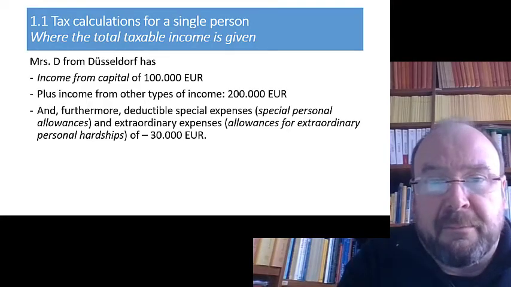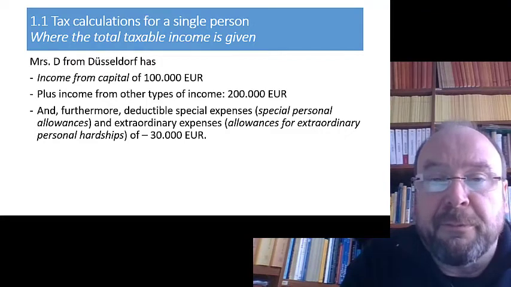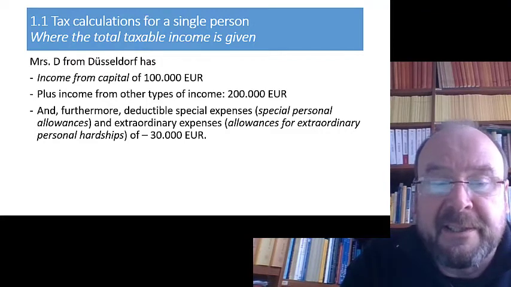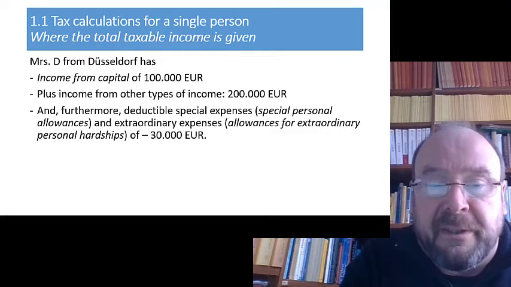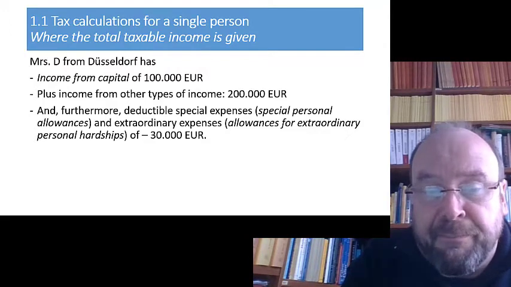Now let's add some small degree of complexity to the previous cases. Now Mrs. D, who is from Düsseldorf in Germany, has not only regular income but also income from capital of 100,000.